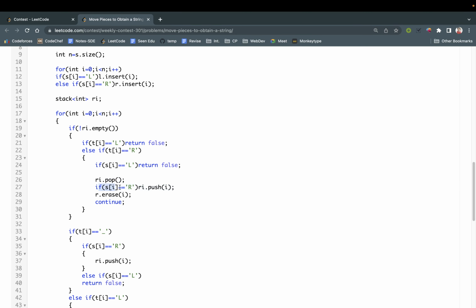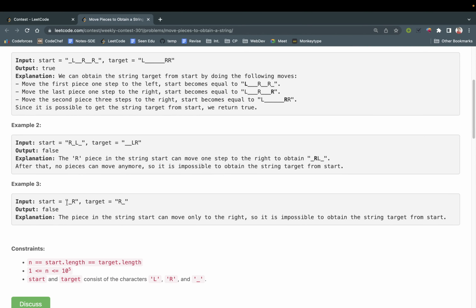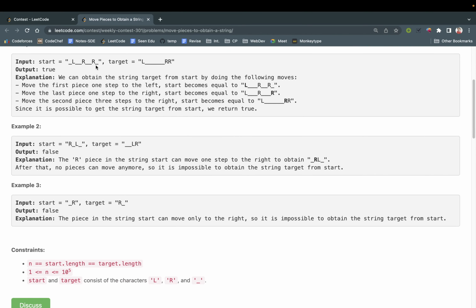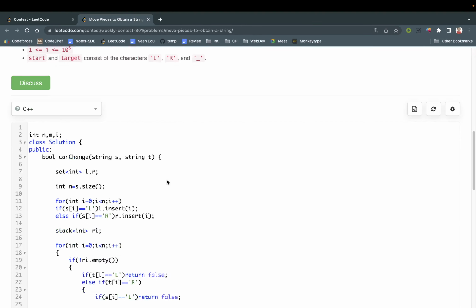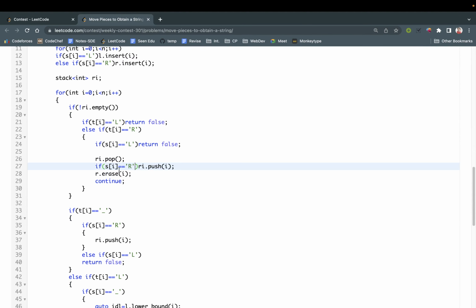And here if the current s of i is still R, it means the backside also has an R present that we have shifted here, and at the current position we still have R. The example given here is R comma R and RR. So for this first example, again pushing in our stack, and here I am erasing the index of the Ri that we have encountered at this position.